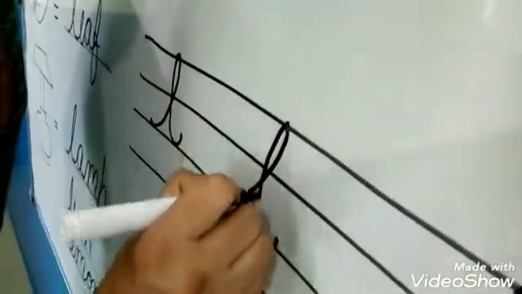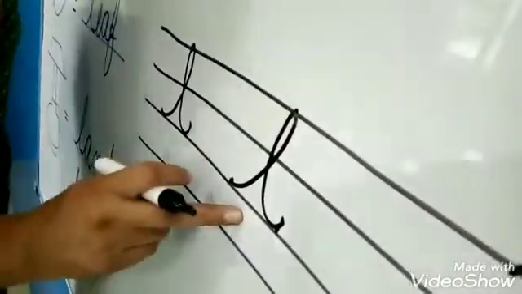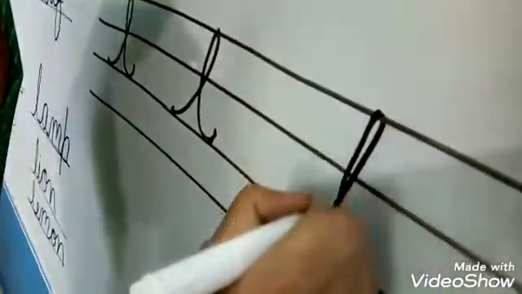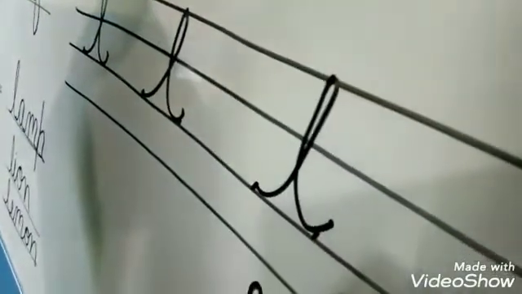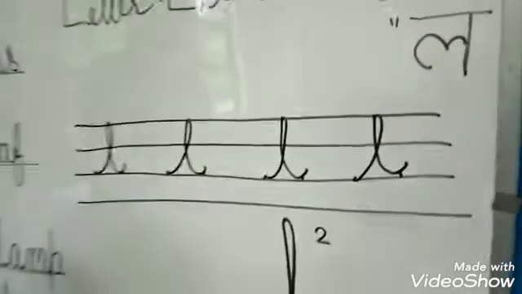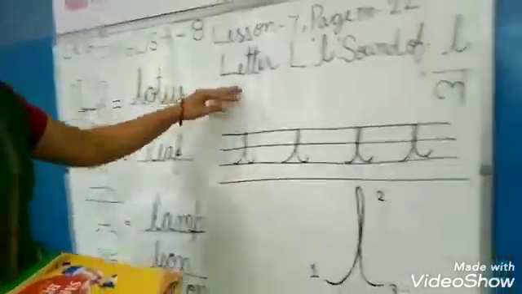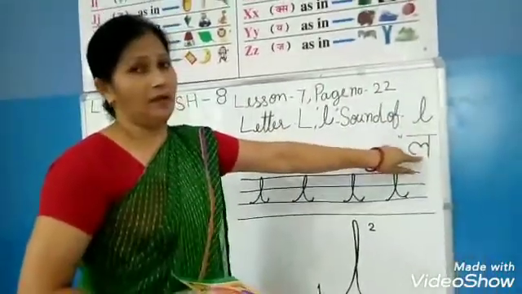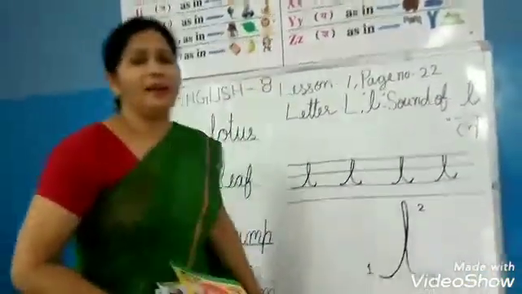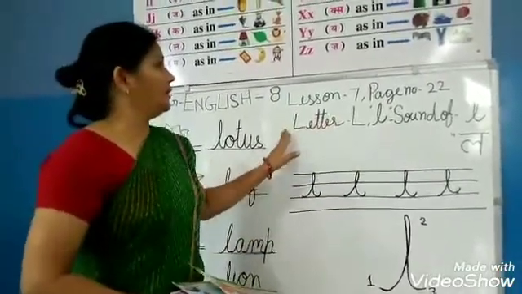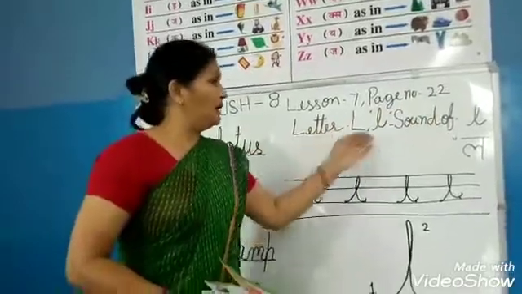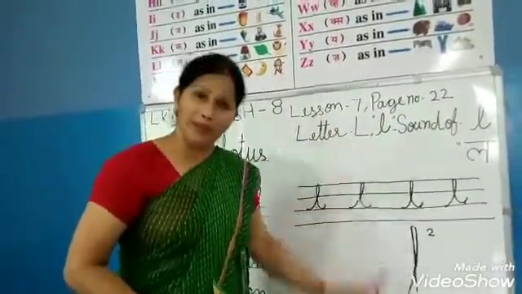Up and down. Letter L. Wow. So children, letter L, sound of L. Okay. So children, here is lesson 7 and page number 22 and letter L here is completed.